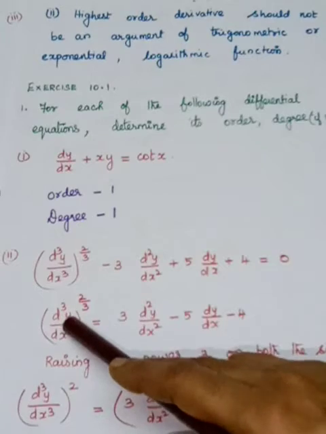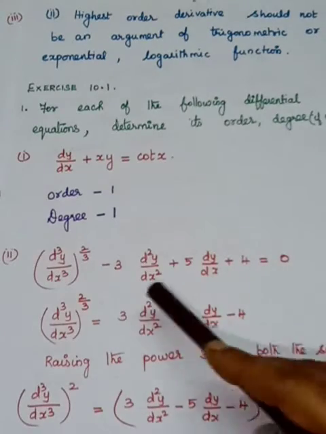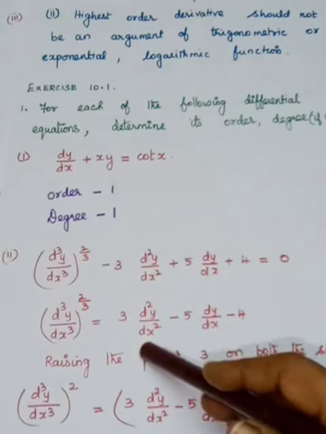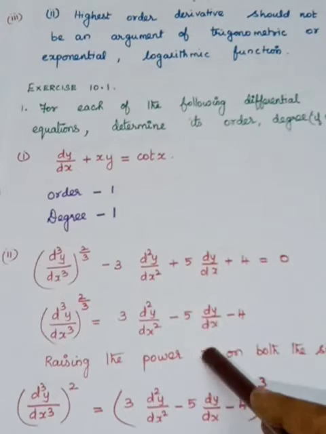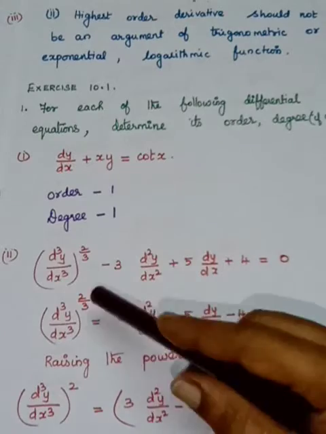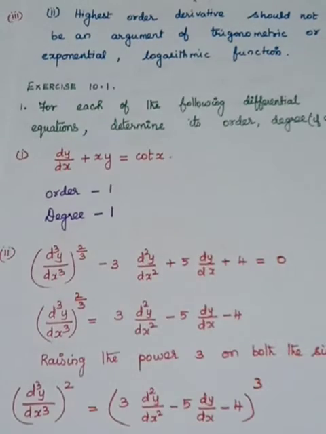I keep this term alone on the left side and bring all the other terms to the right side. So minus 3 d squared y by dx squared becomes plus 3 d squared y by dx squared, plus 5 dy by dx becomes minus 5 dy by dx, and plus 4 becomes minus 4. The derivative has to be freed from the fractional power.